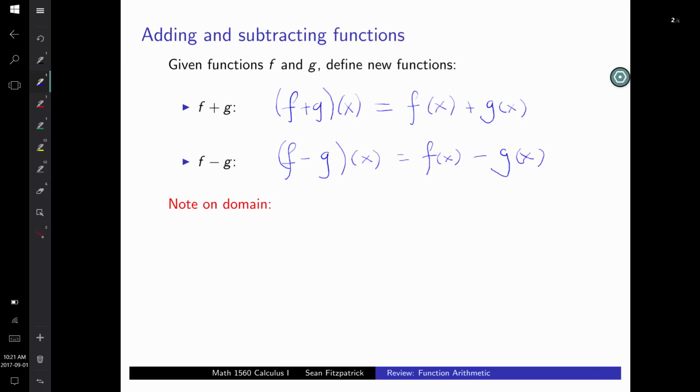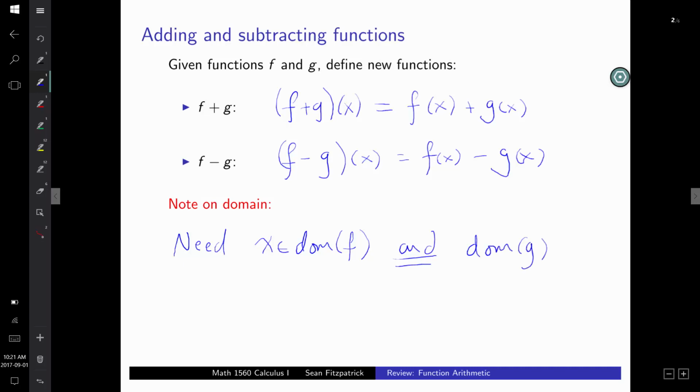So you need x to be in the domain of f, and you need it to be in the domain of g. You need it to be in both. If you're familiar with set operations, you might talk about x being in the intersection of the two domains. We're not worrying too much about that in this course, but you could talk about this in terms of intersections of sets if you so desire. So x has to belong to both sets, and that's something you've got to keep in mind.